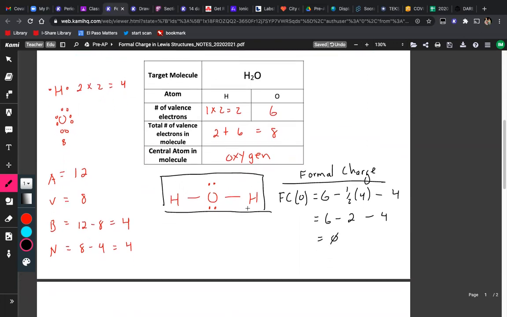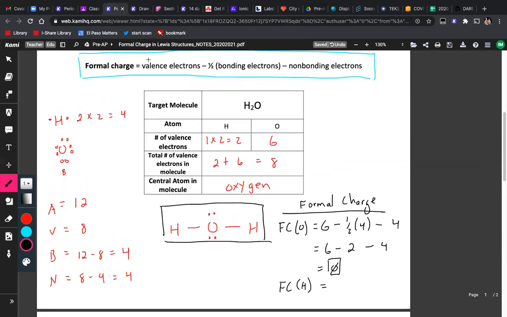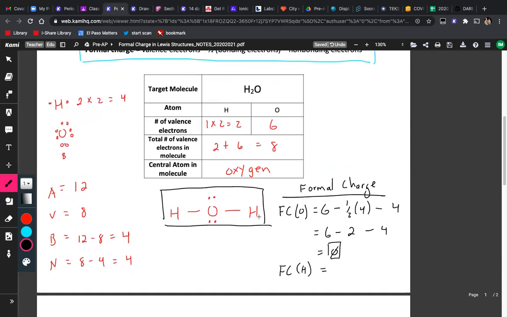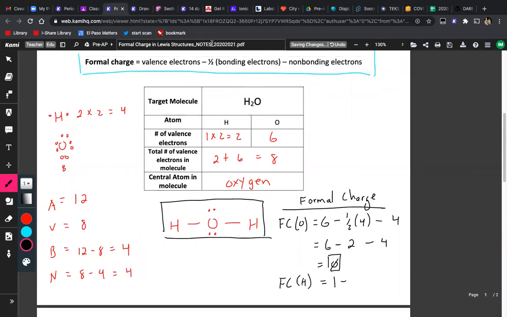Let's do the same thing for hydrogen. I'm going to try to squeeze it in here. All right, so there's oxygen. Now for hydrogen, the number of valence electrons is going to be 1. Just 1. And the number of bonding electrons is 2, right? There's 2 electrons on this hydrogen.